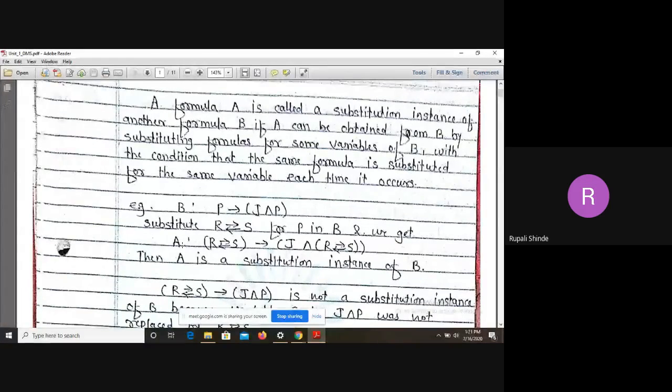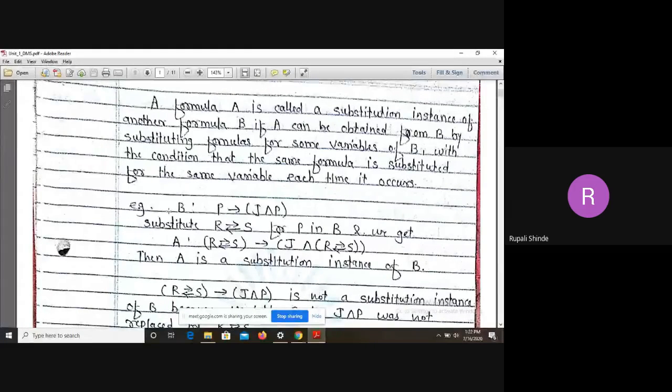So A is called a substitution instance of B because we have formed formula A from B by substituting some variables of B by a formula, with the condition that the same variable is replaced by the same formula each time it occurs.